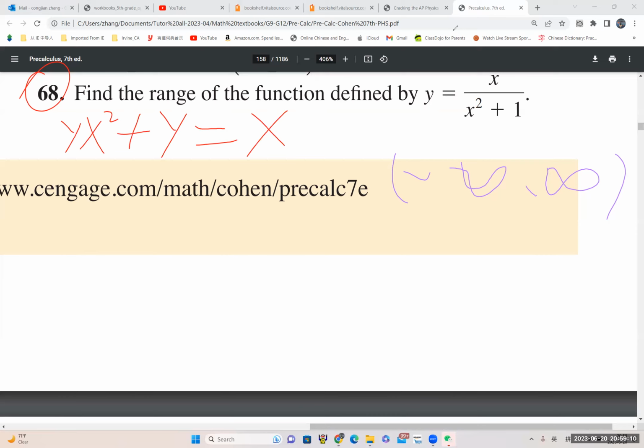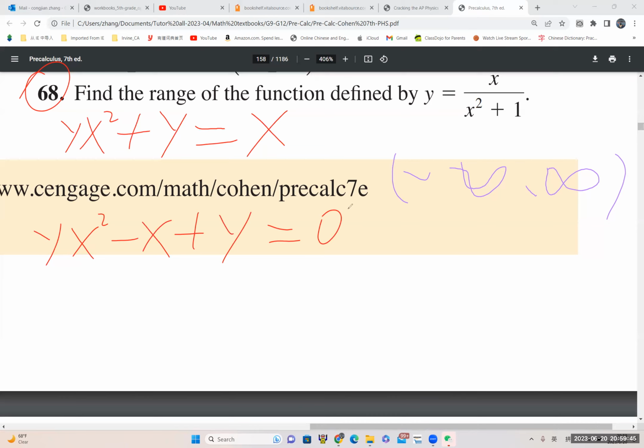Yeah, think of it as a quadratic: y x squared minus x plus y equals 0, right? Correct? Yeah, do you think this quadratic equation has real solutions? Take x as the variable. Do you think this has a solution for x?